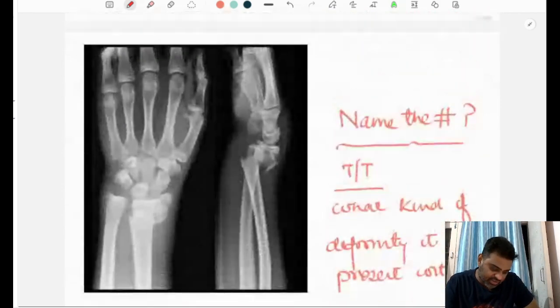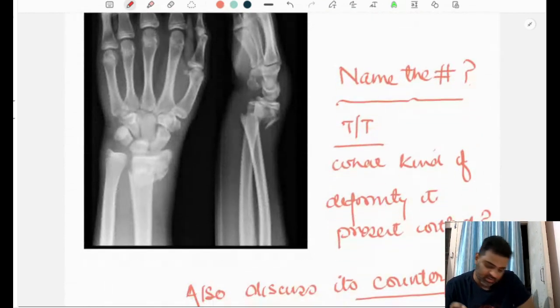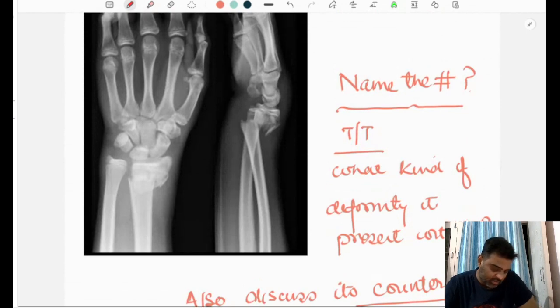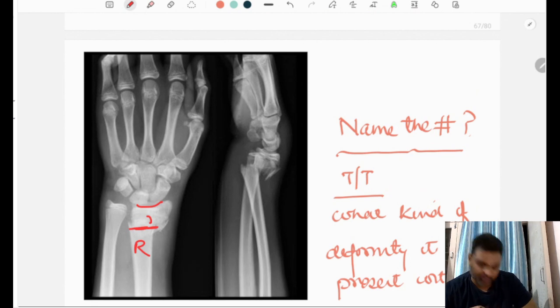Now name this fracture and what kind of deformity is present with it. Let's discuss it now. The bigger bone is the radius, so this is a radius fracture. The fracture is extra-articular.